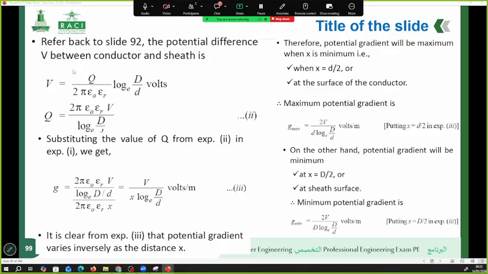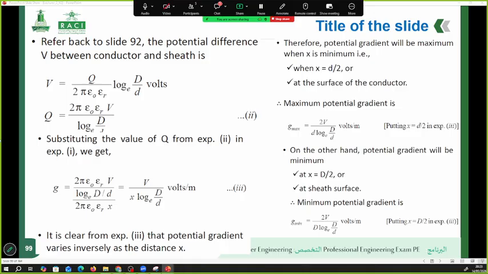From the expression, the charge per unit length can be determined by this equation. Using this result, the potential gradient, or electric field intensity, at a distance x from the cable center is obtained based on this equation. So this shows that the dielectric stress is inversely proportional to the radial distance x.